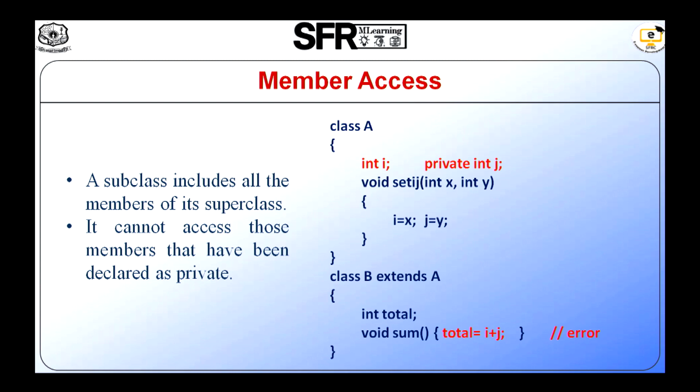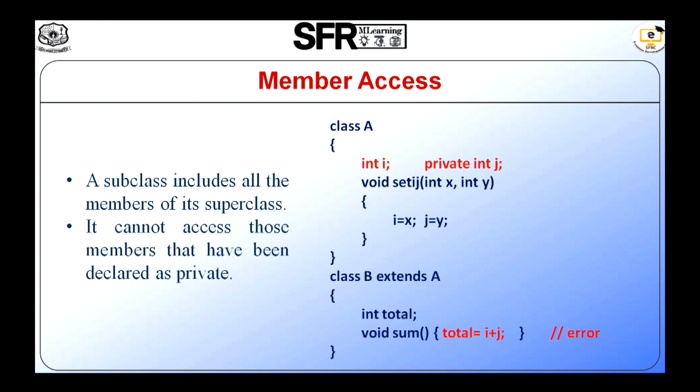Next, when you access the methods and properties from the superclass, if it is public, we can access all the properties and methods. If it is private, even though we inherited from the class, we cannot access the private methods or private variables. This is the example for member access. In the superclass, we created two variables.